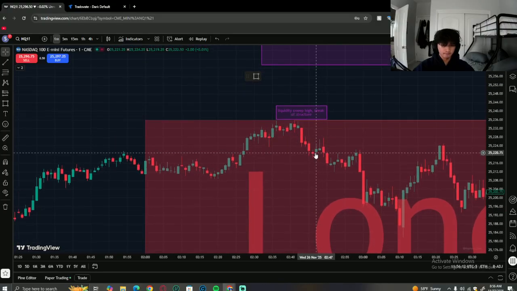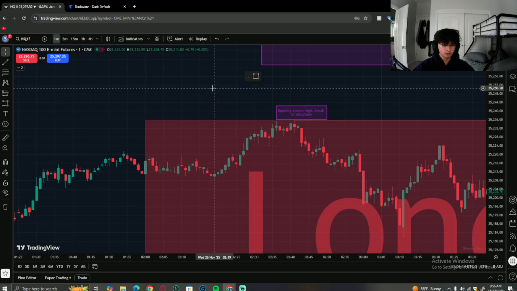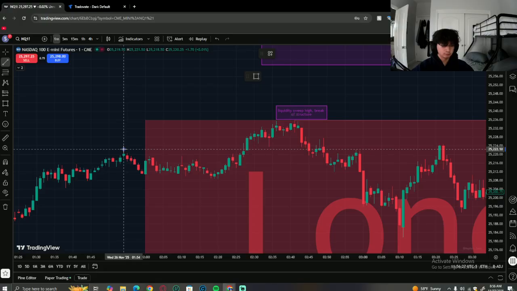Now, there are four confluences that I like to use when entering a trade. I like to see, one, a break of structure, which is going to be this right here, because it was a previous high. It broke the structure, break of structure. Two, I want to see a liquidity grab.